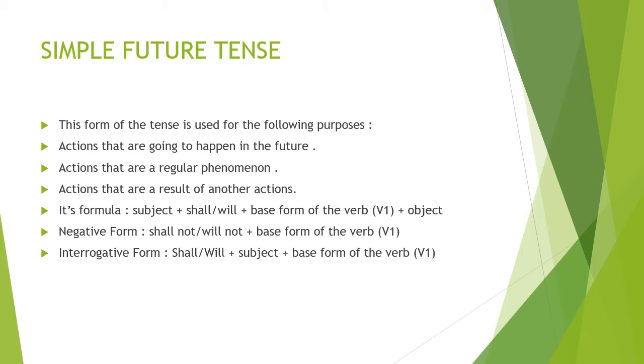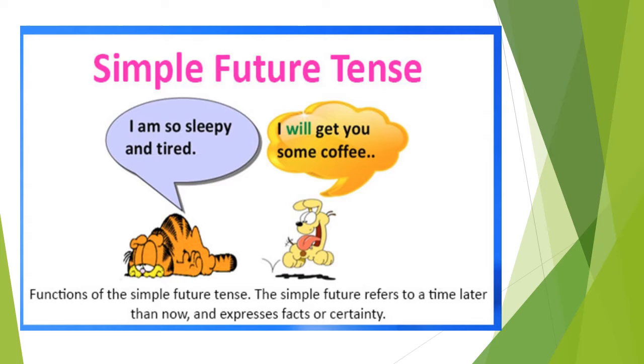Let us understand with the help of an example. See here, simple future tense. I am so sleepy and tired. Here you can see a tiger. He is telling, I am so sleepy and tired. In the next picture you can see another animal suggesting to him, I will get you some coffee.